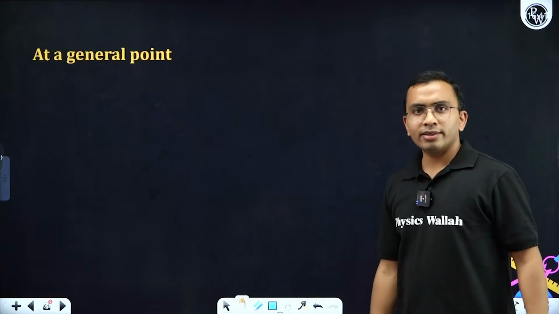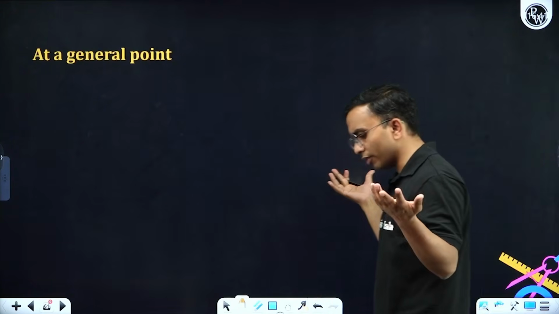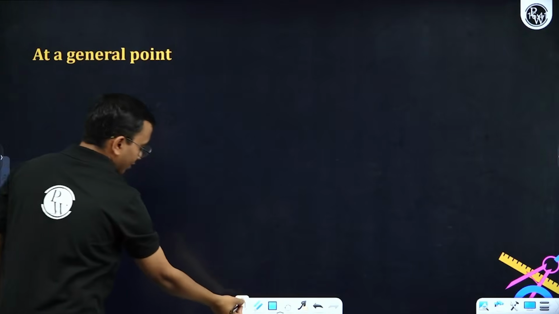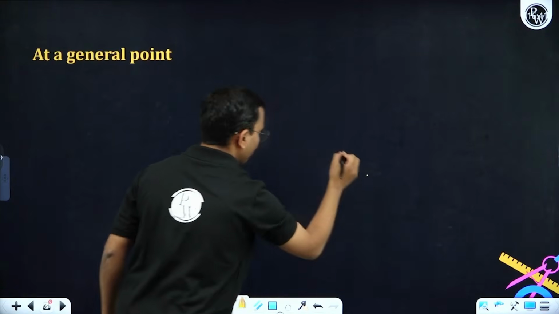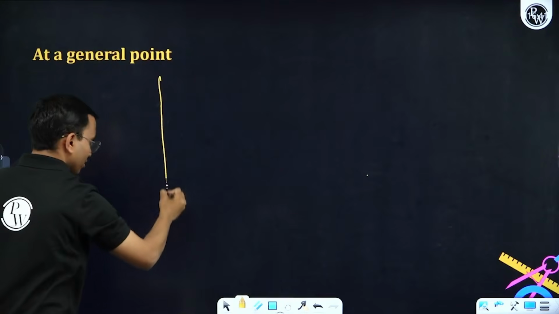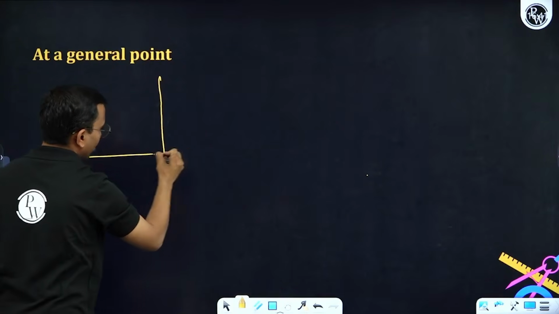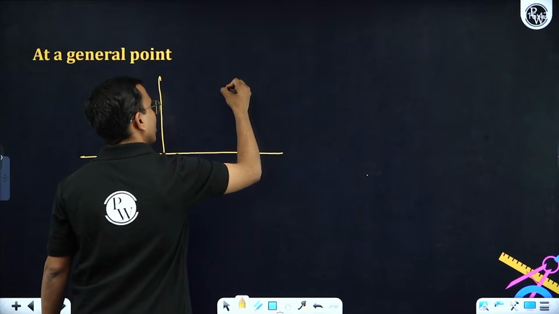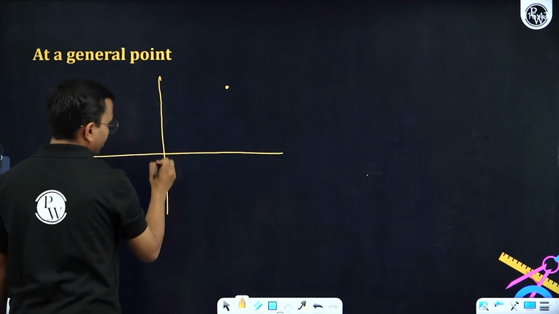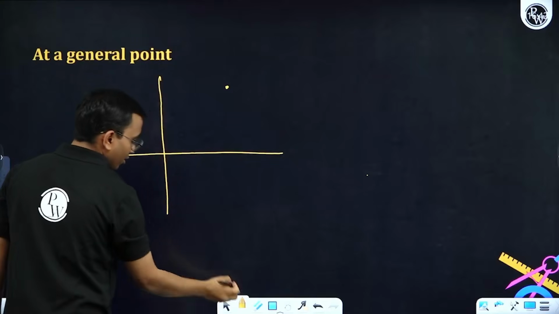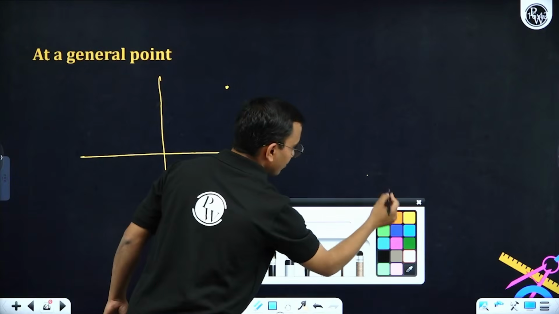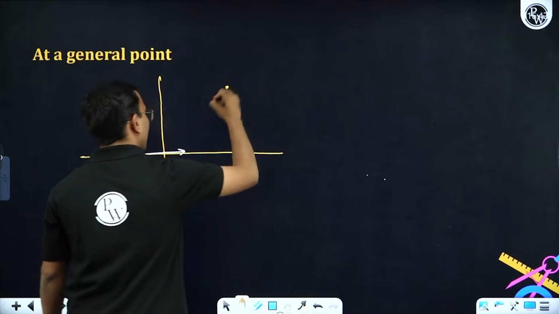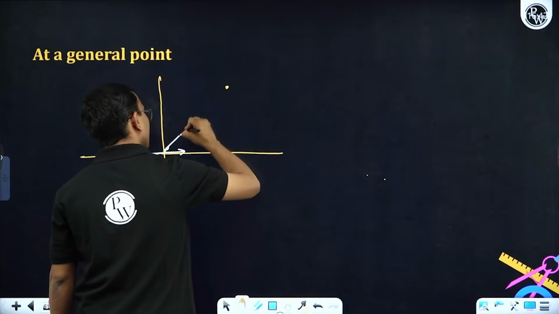Now at a general point, this is not much required for mains, but anyway, if you want to write it, I'll tell you how to write that. This is not much required for mains. Let us take this as my dipole here, p, and I have to write the electric field at this point.